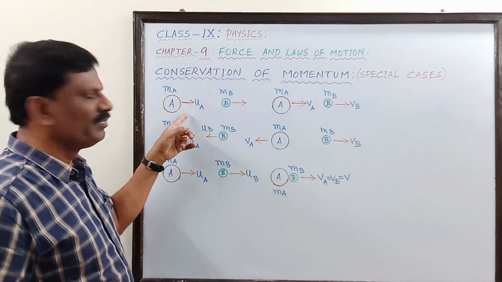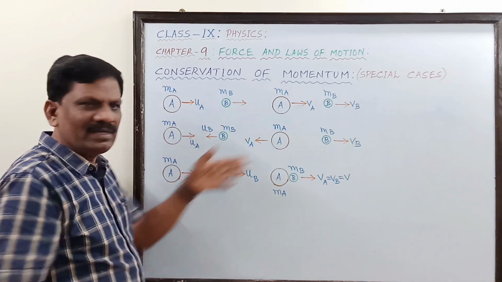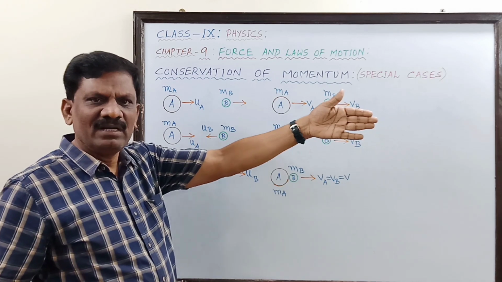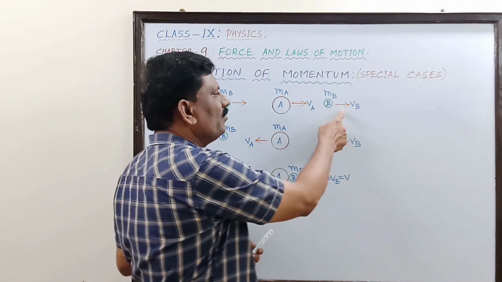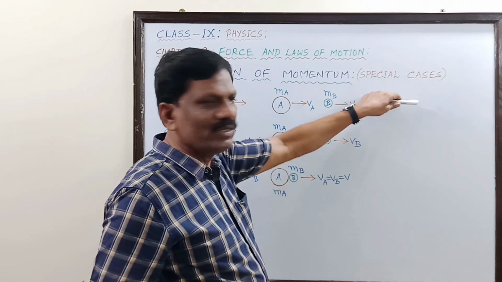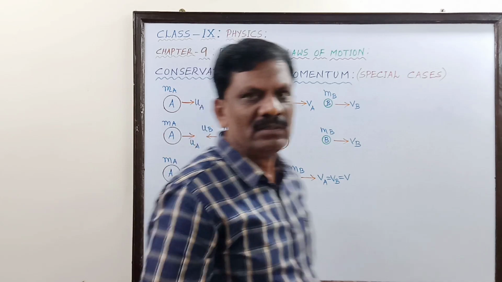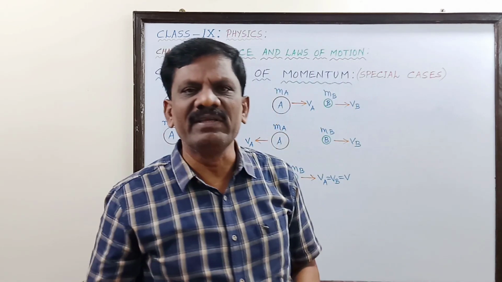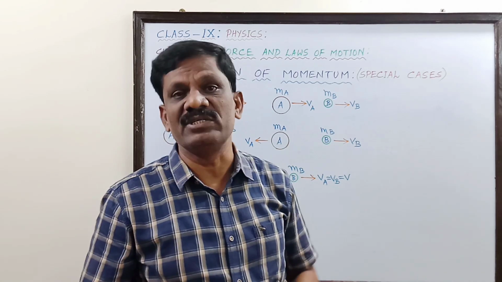Look at the first picture. A and B both are traveling along the positive x direction. After collision also, both are traveling along the positive x direction, that is towards the right. So whichever body is having momentum along the positive x direction, its momentum is positive.